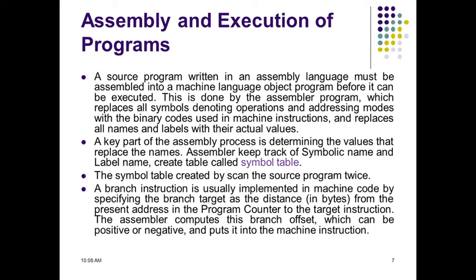A key part of the assembly process is determining the values that will replace the names. So this part is very important for the assembly process. The assembler has to determine the values which will replace the names.